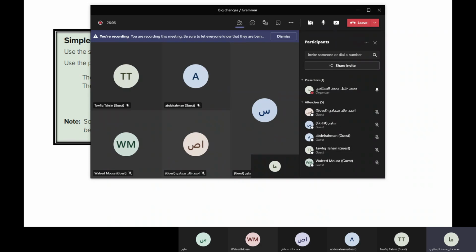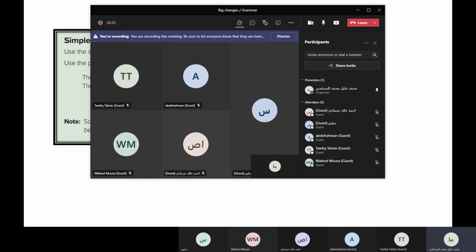So if you specify the time, we have to use what? Simple past. But if we do not know when it happened, we use what? Present perfect. Again, if we know the time, we use simple past. If we do not know when it happened, we use the present perfect.